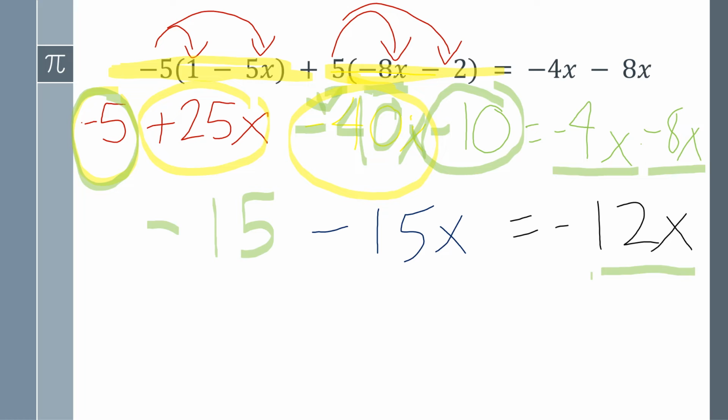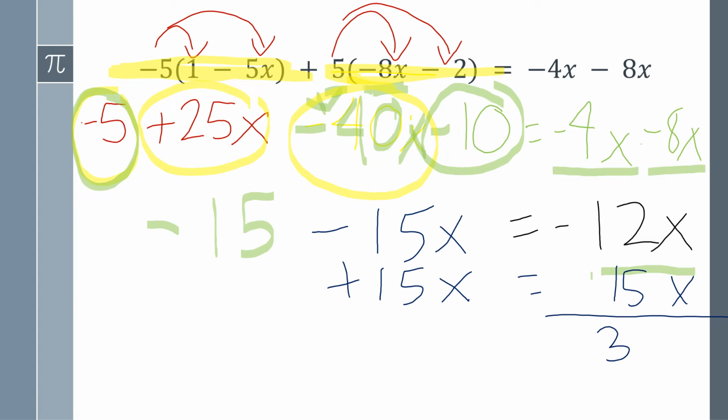You can't do that because when you do, you get 0 here, and that's not going to work. So let's get to negative 15, and let's add a positive 15 to that. So what we do to one side, we do to the other. All right, so negative 12 plus 15, that's 3x.